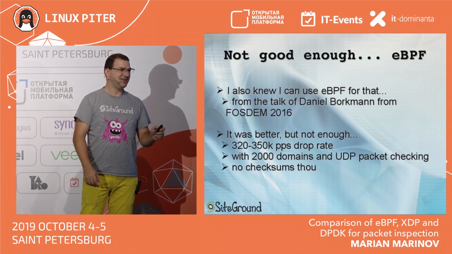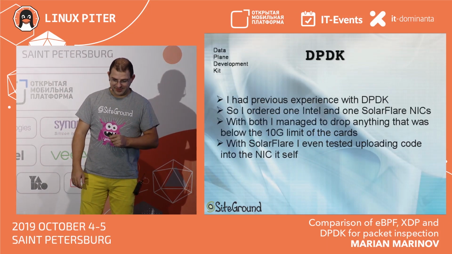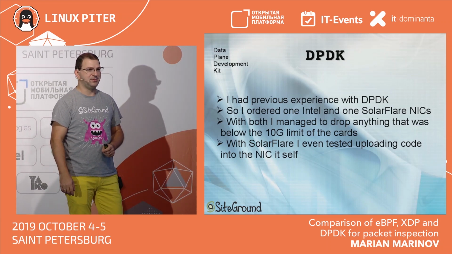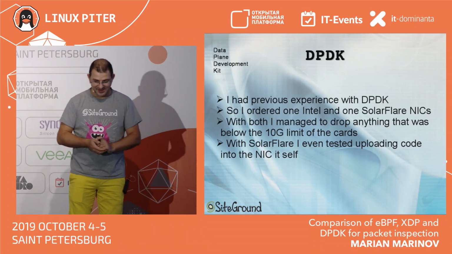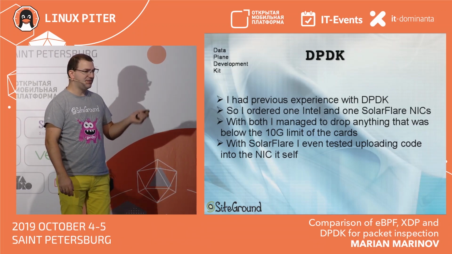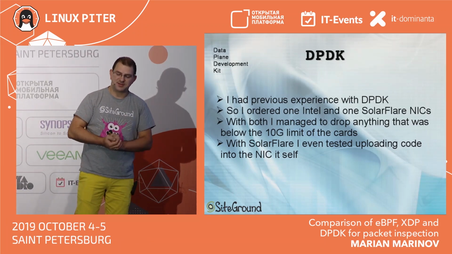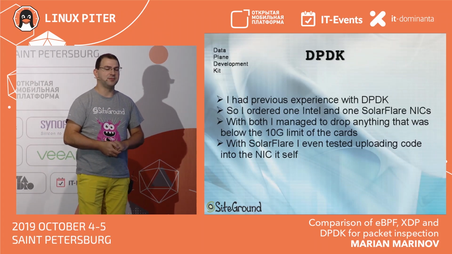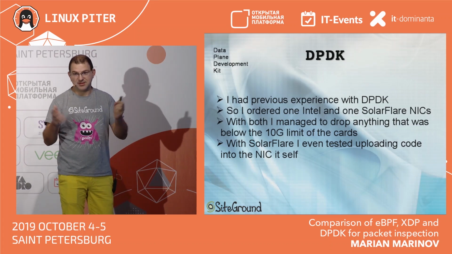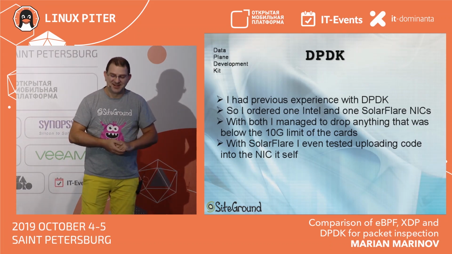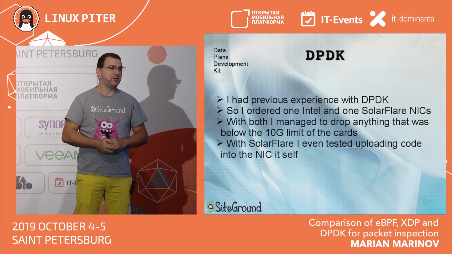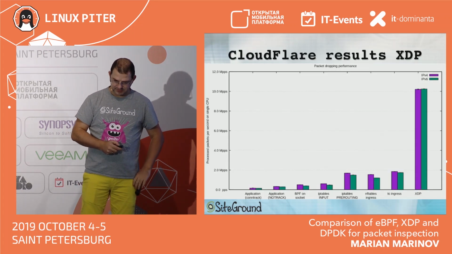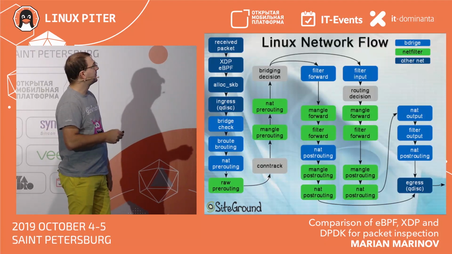Other questions? Okay. So then I decided, okay, I know something that is even faster than eBPF, and it's called DPDK, Data Plane Development Kit. It's very nice. A few years ago, Intel decided that Linux networking is slow, which it is. So they decided to make it faster by simply skipping all the network stack.